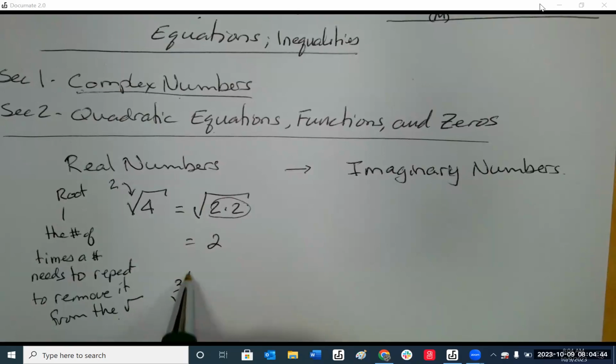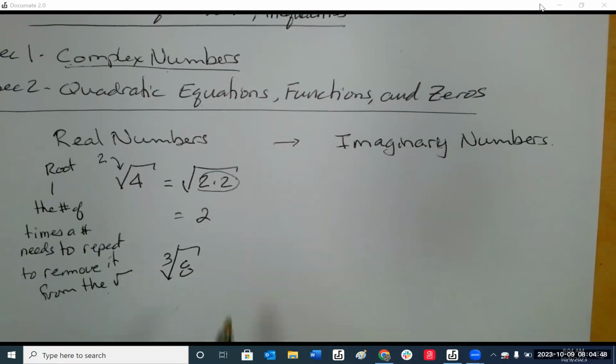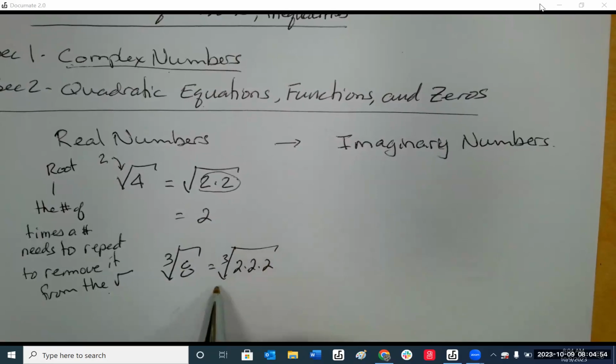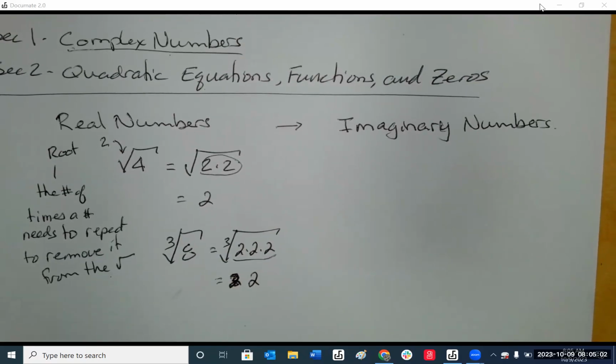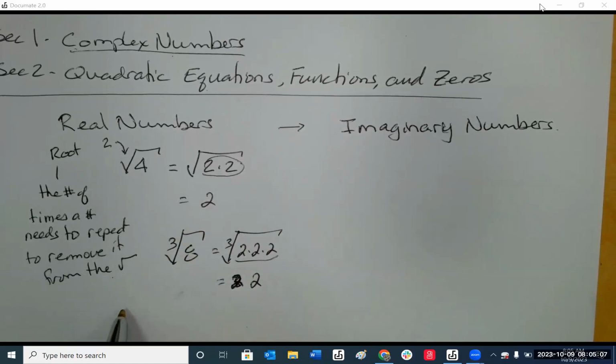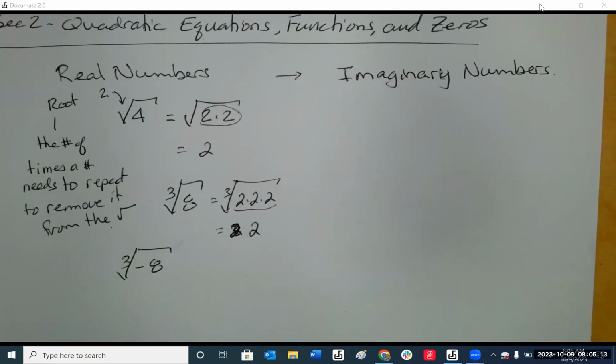Likewise, cube root of 8. Eight is made up of 2 times 2 times 2. There's 3 of a kind, so it comes out. So that's what the whole thing's about. The cube root of negative 8.